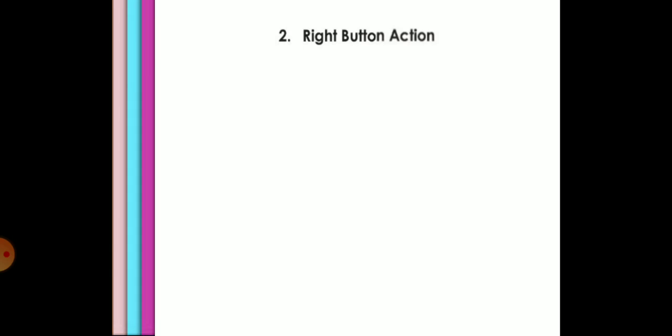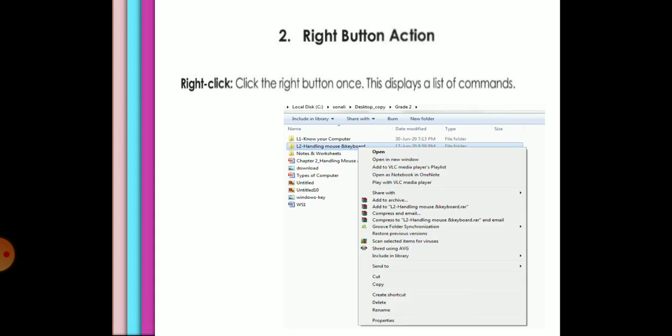Now let us see the actions of right button. What are right button actions? Right click. Click the right button once. When we click the right button of the mouse, that is called a right click. And what does a right click do? It displays lists of commands.